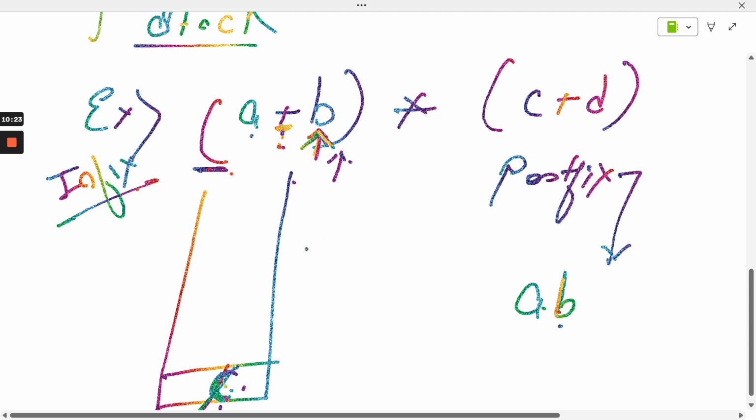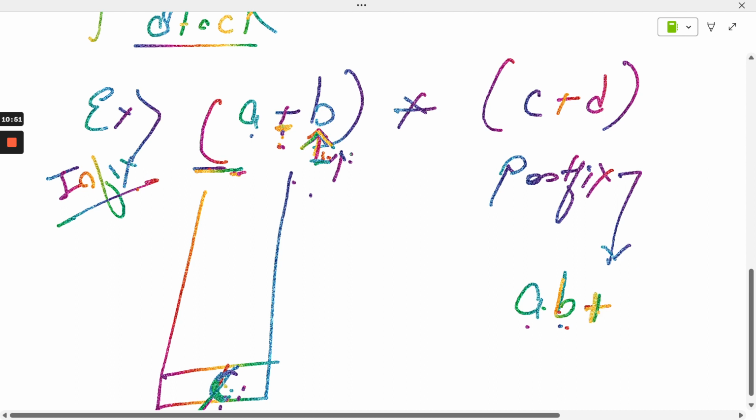Since this closing bracket belongs to this, we are checking off this bracket also. So this is the opening bracket and this is the closing bracket. When we encounter the first opening bracket, it should of course have a closing bracket. In this way we evaluated this, and then we have the plus, so we place the plus here.